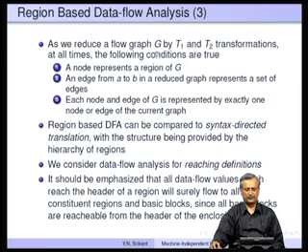So, as we reduce the flow graph G by T1 and T2 transformations, the following conditions are true at all times. A node represents a region of G, an edge from A to B in a reduced graph represents a set of edges.